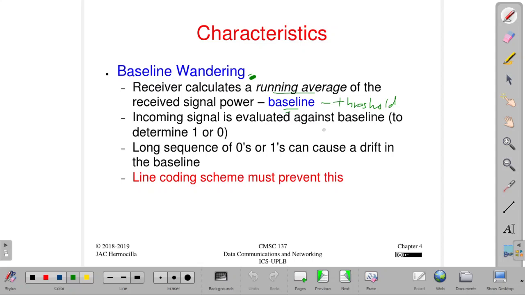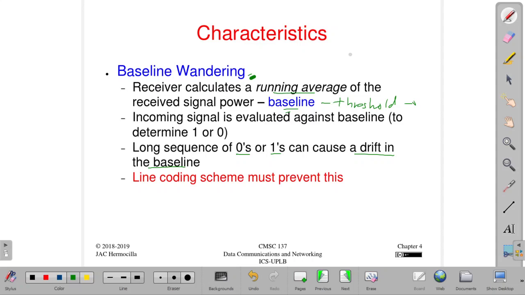Now, the main issue with baseline wandering is that if you have a long sequence of zeros or a long sequence of ones, it's possible to cause a drift in the baseline, meaning the actual threshold will be wrong.